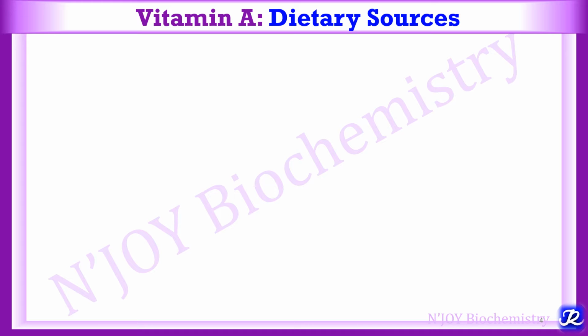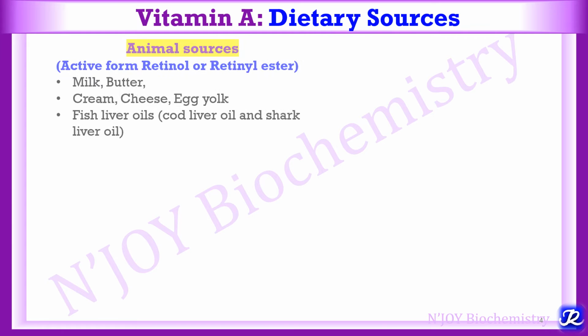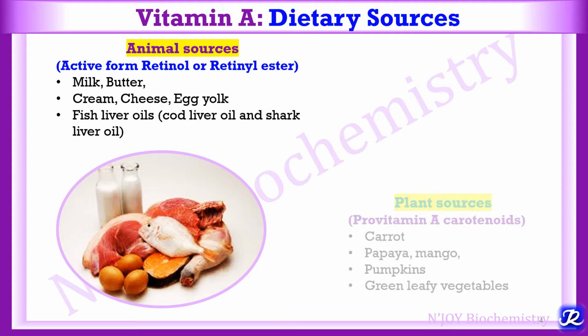Coming to the dietary sources of vitamin A, the form of vitamin A present in animal sources is retinol, and the richest sources of retinol are fish liver oil, that is cod liver oil, shark liver oil, milk, butter, cream, cheese, egg yolk. The provitamin form, that is beta carotene, is present in the plant sources.